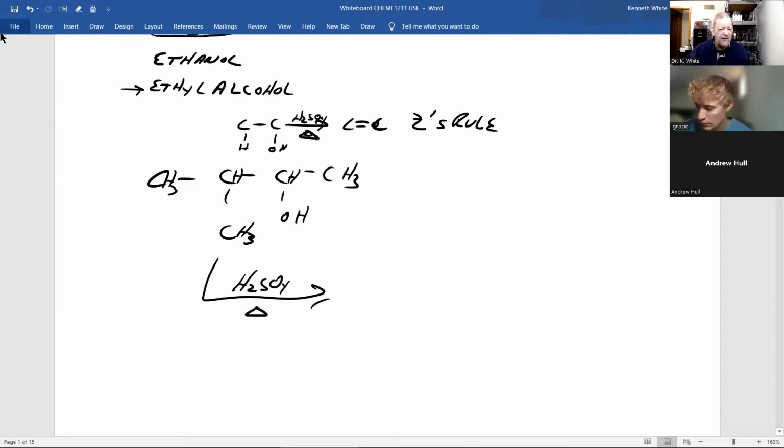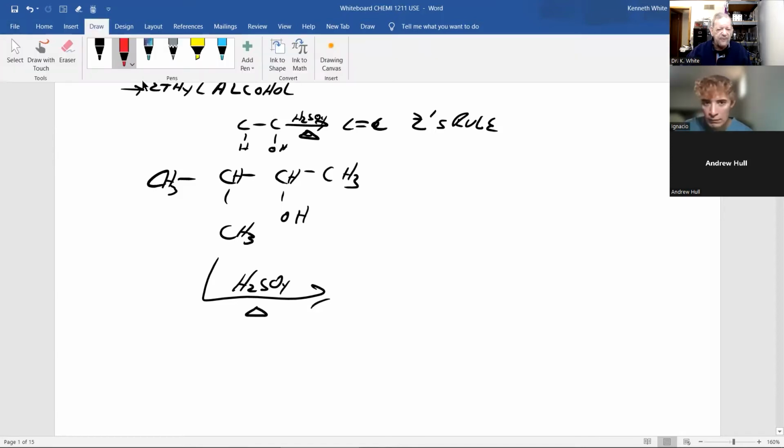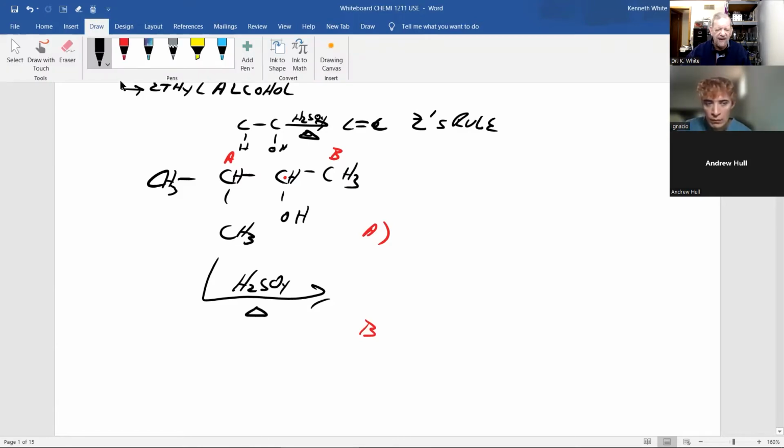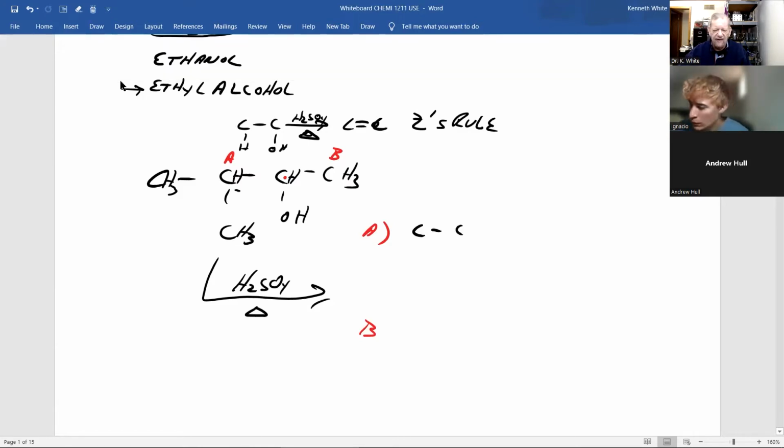So if we look at this molecule, here's the carbon with the hydroxyl group, adjacent carbons, A and B. If I lose a hydrogen from A and the hydroxyl group, this is the molecule I get.